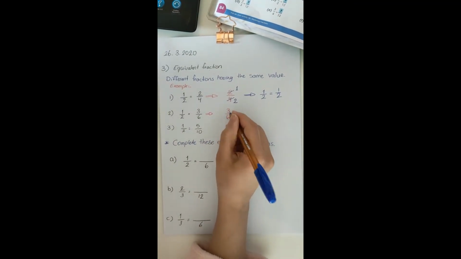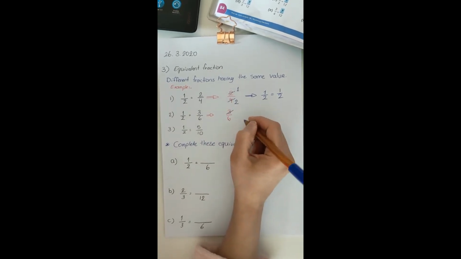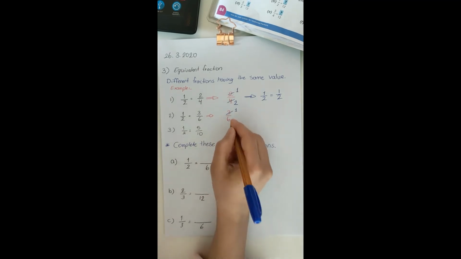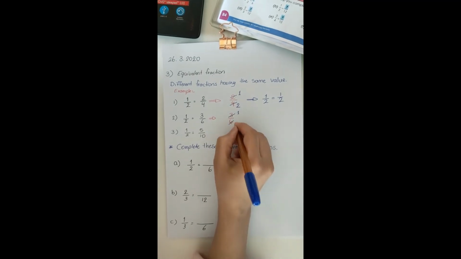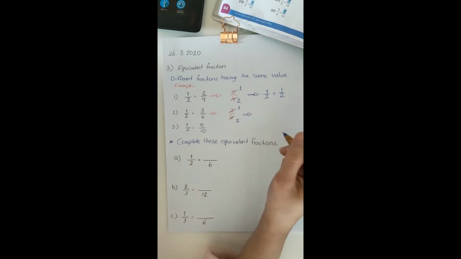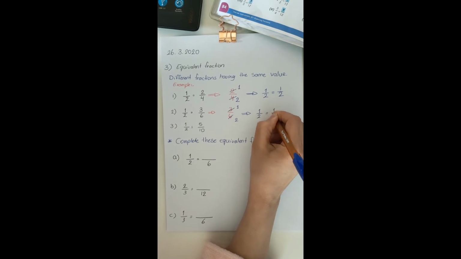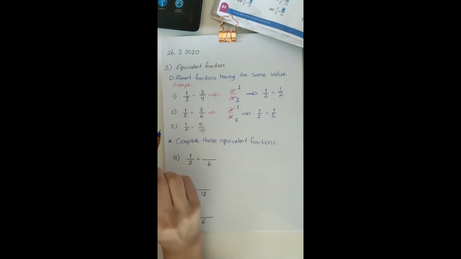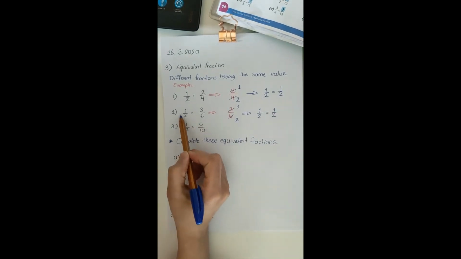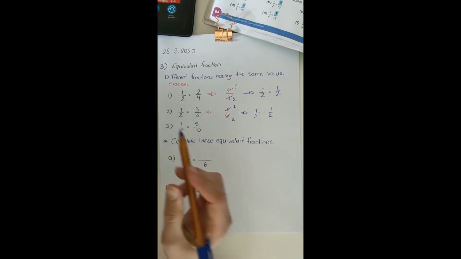Now here, both of them can be divided by 3. 3 divided by 3 is 1. 6 divided by 3 is 2. From this, 1 over 2 is equal to 1 over 2. So now I understand 1 over 2 and 3 over 6 both have the same value.